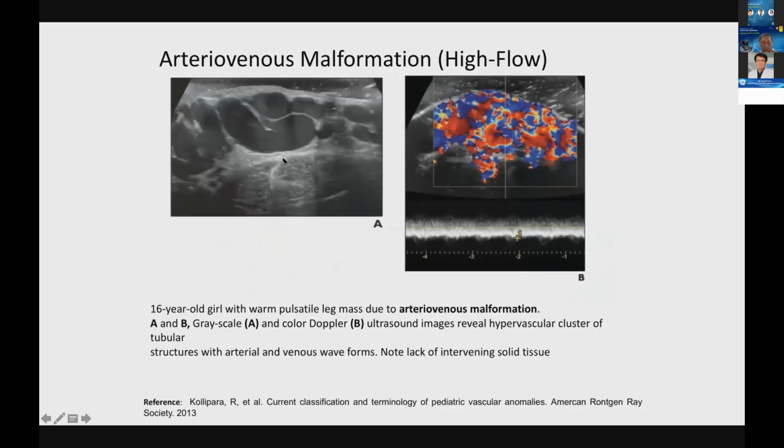With ultrasound, in part of the lesion, this is a hypervascular lesion with many colors in the lesion, with blue and red. This is the nidus location. And we can see the dilatation of the vessels of the lesion.